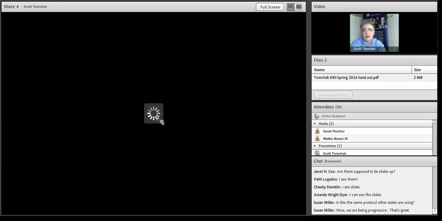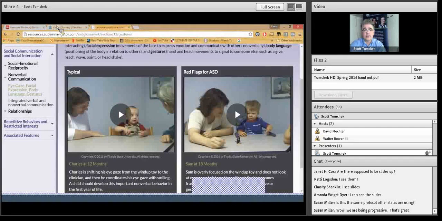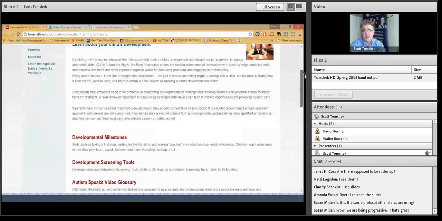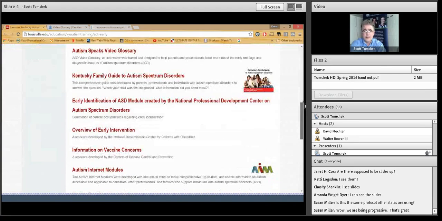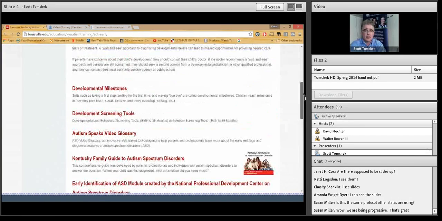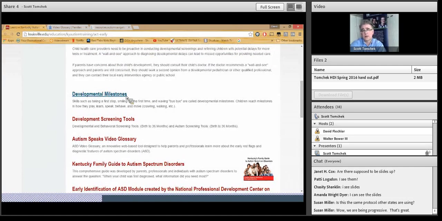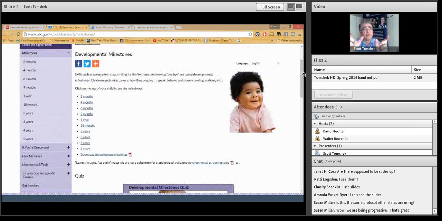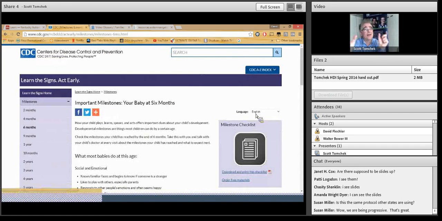I think one of the interesting components as well is we had a grant, a joint grant for the State Act Early team, and many of the materials that are available on the website are branded Kentucky, so they're branded UK, U of L, on the same sheet of paper, along with KDE and Voc Rehab.